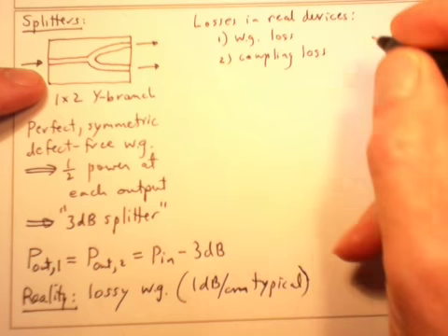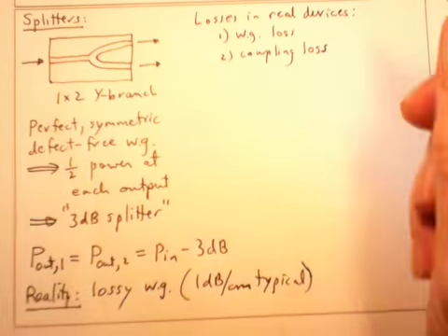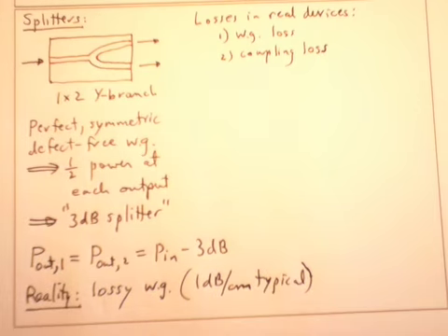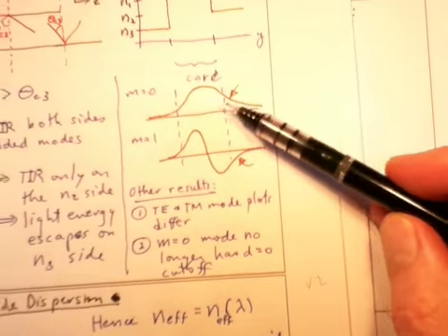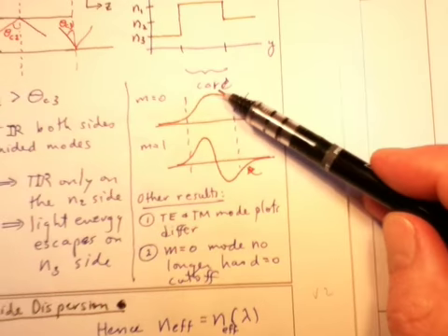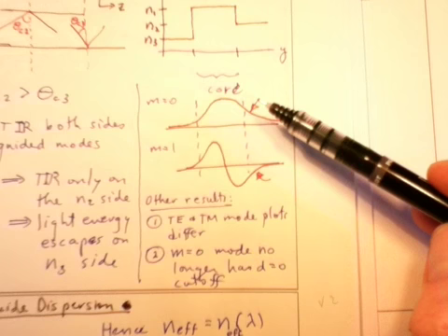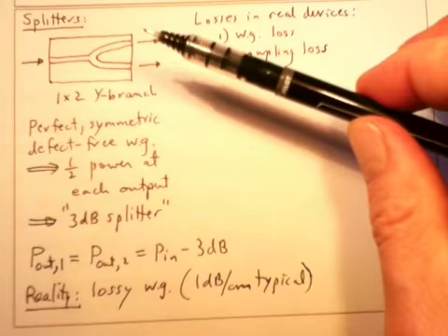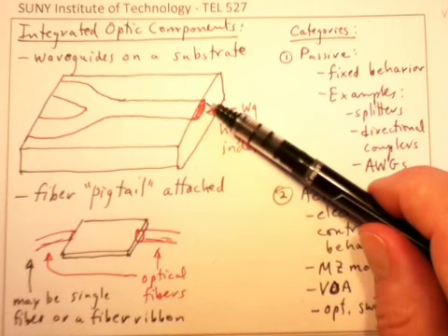And this is essentially due to a mismatch in the shape of the mode. You know, we've drawn these mode profiles for different modes, and even at the lowest order mode we have some profile. Well, the profile of the mode inside of an integrated optic waveguide is probably different from the profile of the mode in the optical fiber.